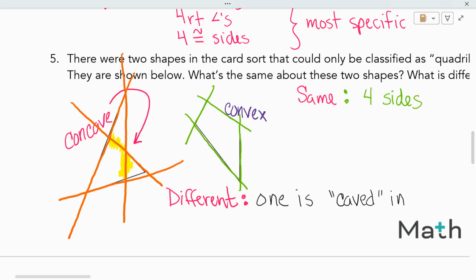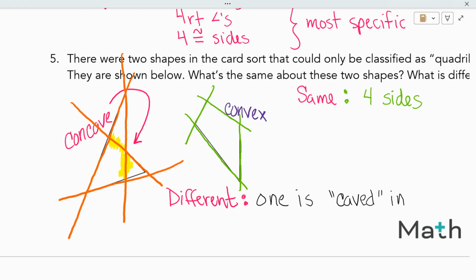They cut into the shape. They cut into that shape. And I would highlight that so you can see what's happening. That's what makes a shape concave. When you extend the lines, and they actually go through the shape. And they do that because it's caved in.